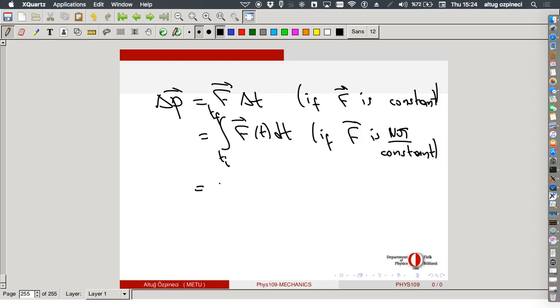This is what we call, well, sometimes they use J, sometimes they use I, the impulse.